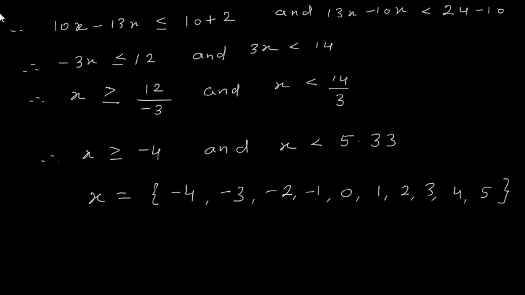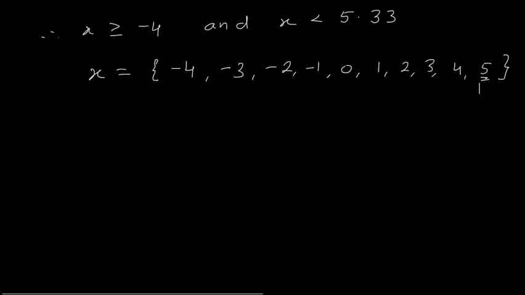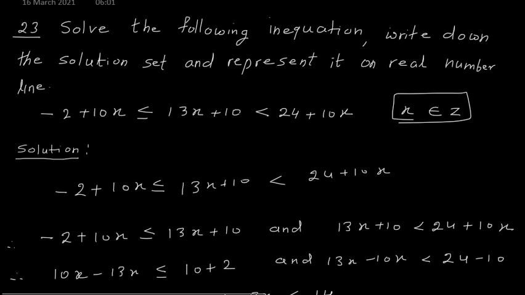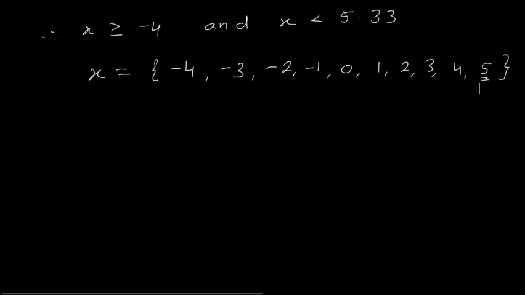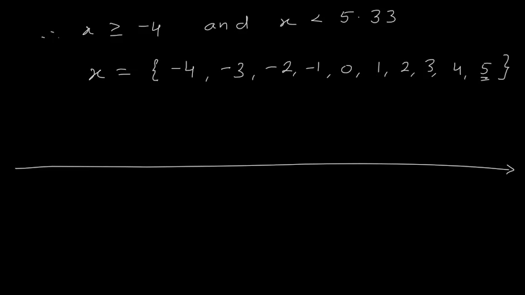Now we have to show it on number line also. Let us check and represent it on the real number line. So this is our real number line. Now on this line, here we use 0, then -1, -2, -3, -4, -5, and on this side we use +1, +2, +3, +4, +5.